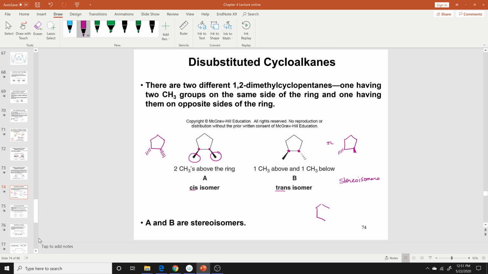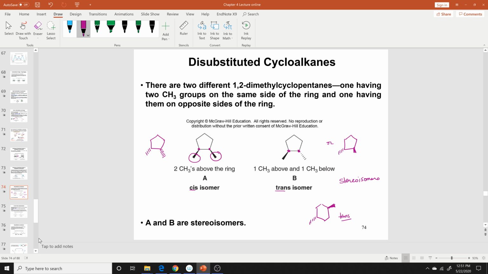So I can have a cycle of 6-membered rings and I can have a group here and a group there. This is 1,4. So I can have a group on carbon number 1 pointing up, a group on carbon number 4 pointing down. Since they are opposite to each other, this is called a trans isomer. If they are on the same side, then this is going to be called a cis isomer.